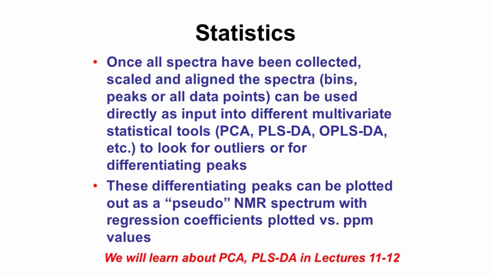In effect, we're looking for outliers in the data, or differentiating peaks, or bins, or collections of peaks. What you can then do is regenerate a pseudo-spectrum that shows the correlation coefficients or regression coefficients plotted against parts per million. We'll talk about PLS-DA and PCA in lectures 11 and 12.